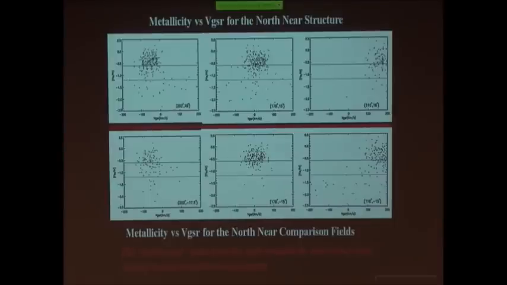And it's the same if you're in the north near structure as if you're in the comparison field for the north near structure, where the north near structure isn't in the south. So basically, whether you're in one of these structures or not, it looks like the disk. It's exactly what you would expect for the disk.